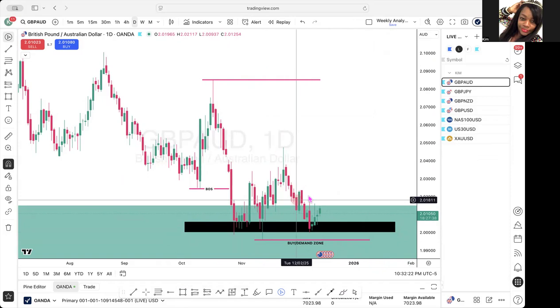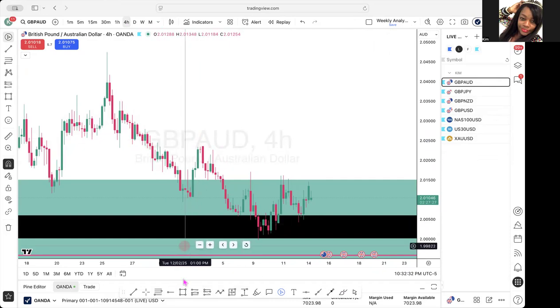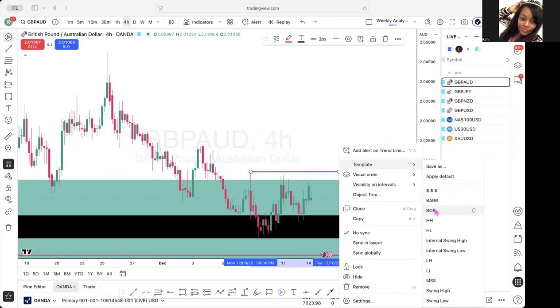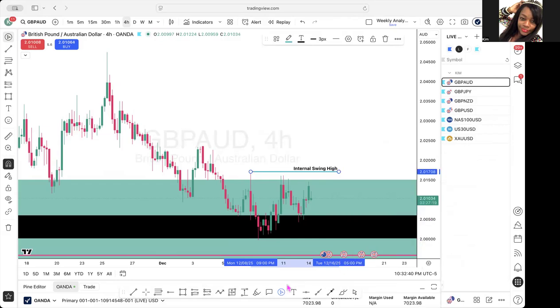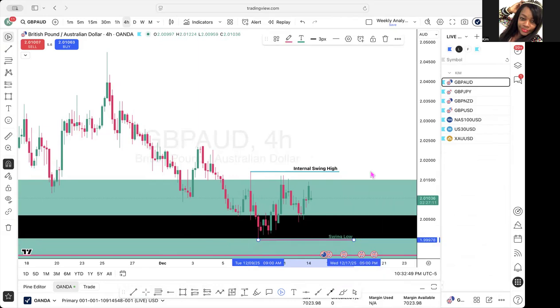Price is still in the middle, but if I look at the level of support and I go down to the next time frame, 4-hour, my current internal structure is here. This is my internal swing high, and this is my internal swing low. Okay.